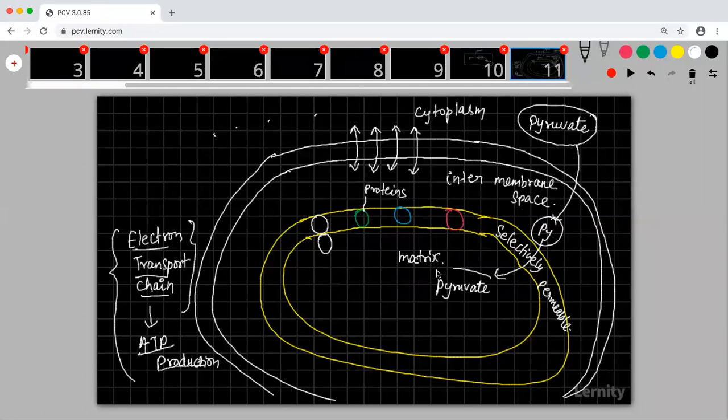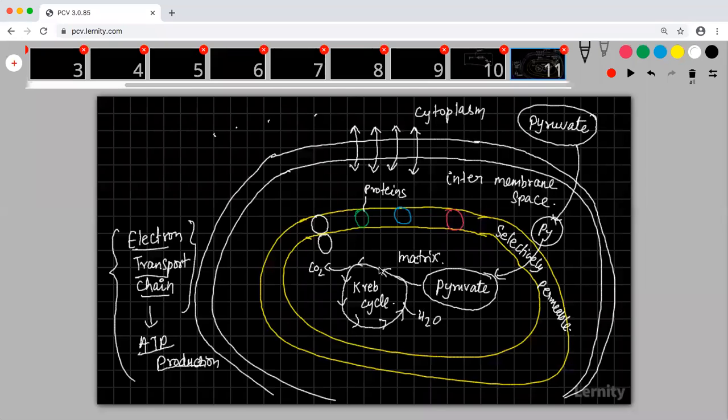This pyruvate will be broken down in a cycle called the Krebs cycle. Where will this Krebs cycle happen? It will happen in the mitochondrial matrix. When this Krebs cycle is happening, it will produce carbon dioxide and water.